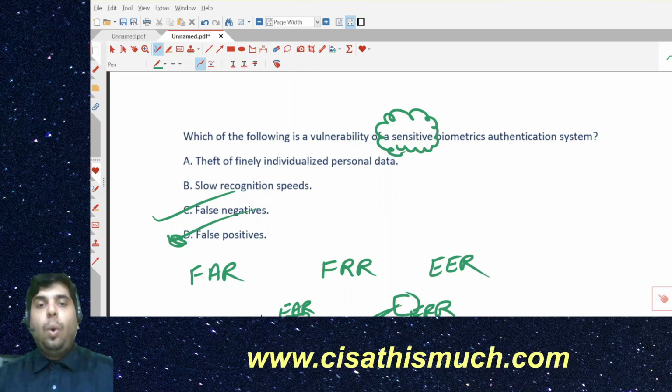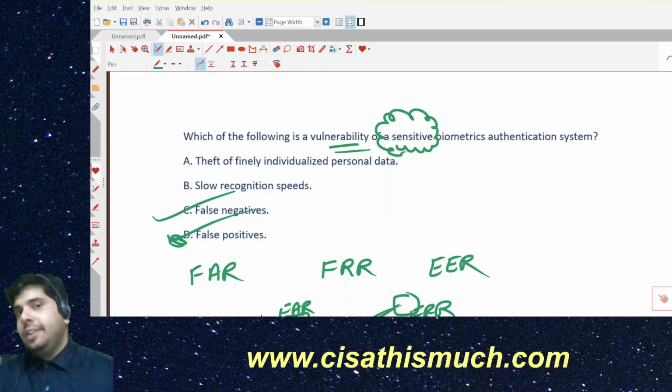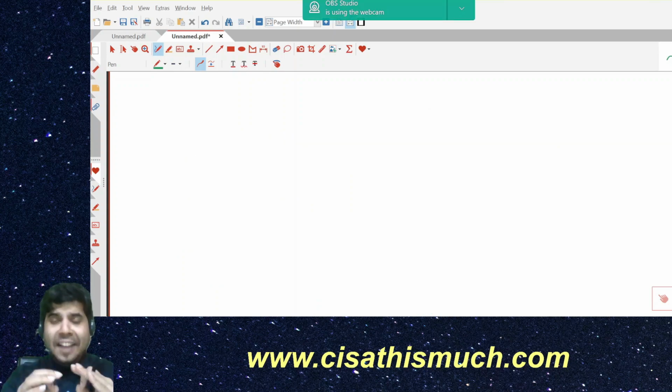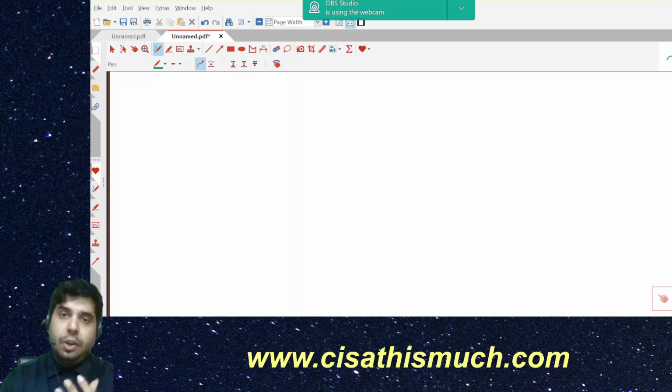When I say vulnerability, it means a flaw in that particular system. False rejection can happen. Here you also need to understand why false rejection is an issue in the first case.